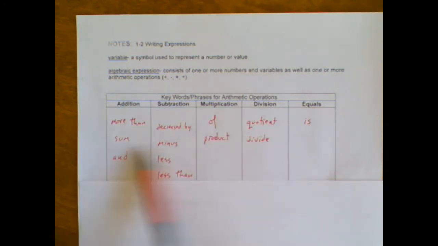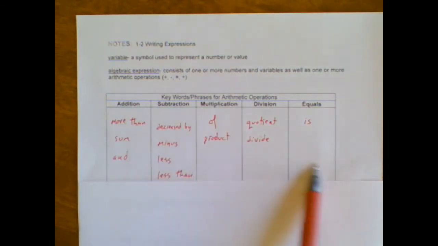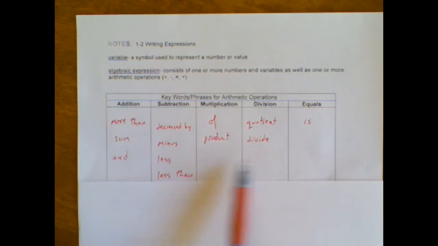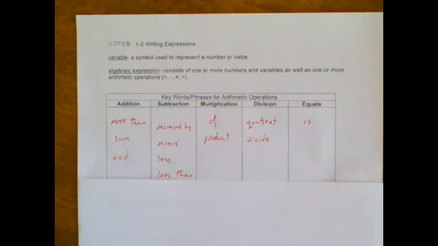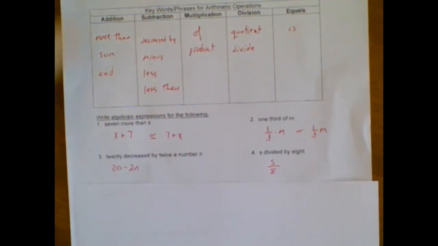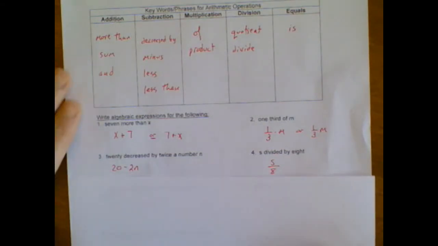You can read these, I don't need to read them to you, but you might want to build this for yourself, and if you're having trouble with this, write extra words that you run across that mean one of these operations. And I'm just going to show you my answers for these different expressions.